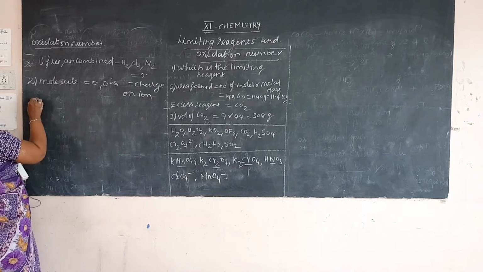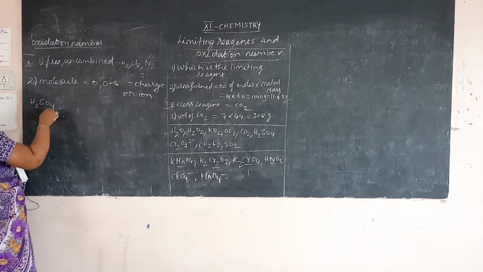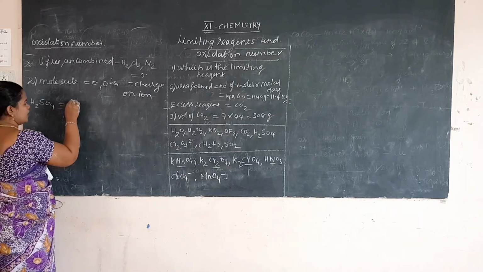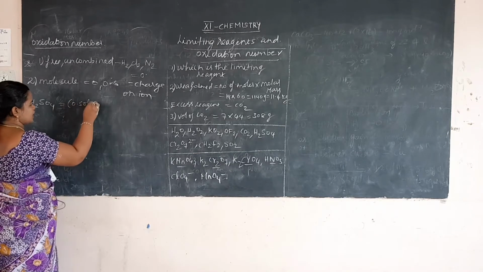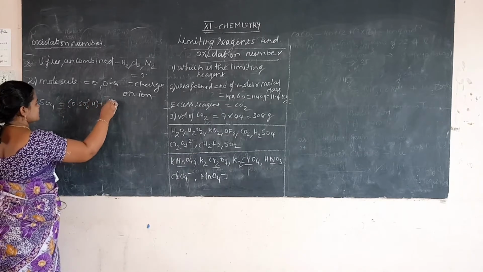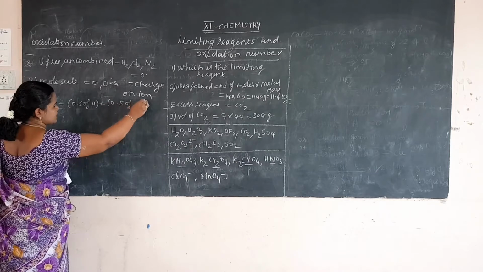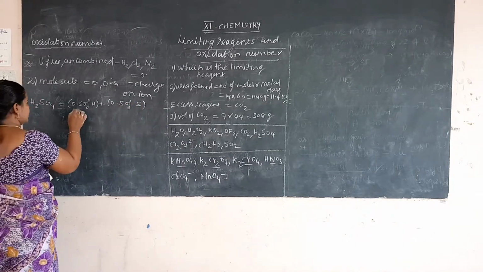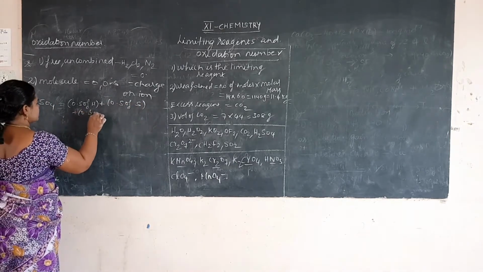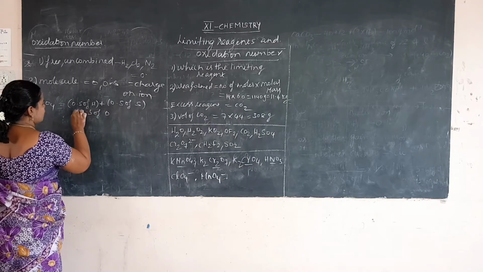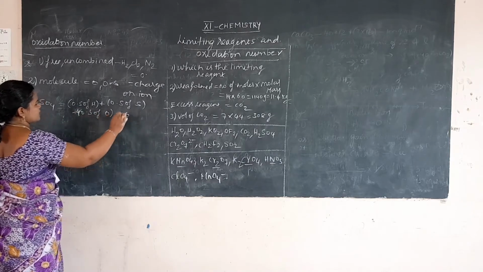For example H2SO4 is a compound. In this compound, the oxidation state of hydrogen plus the oxidation state of sulfur plus 4 into the oxidation state of oxygen is equal to 0.